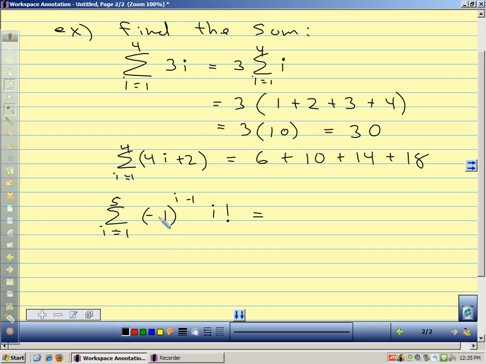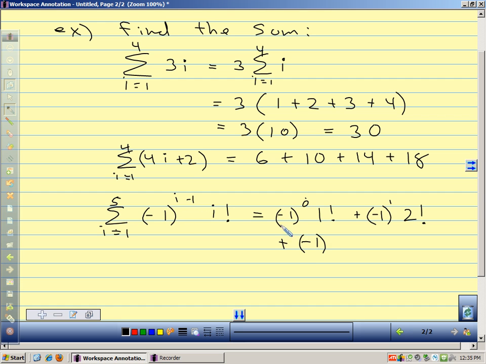So for i equals 1, I get negative 1 to the 0 times 1 factorial, plus negative 1. For i equals 2, 2 minus 1 is 1, times 2 factorial, plus negative 1.